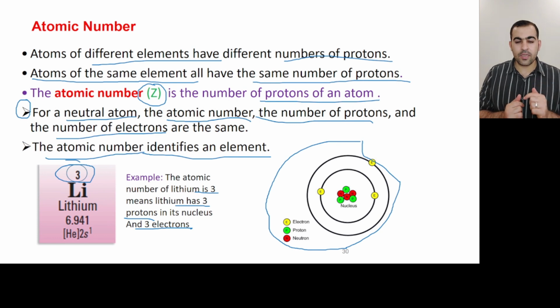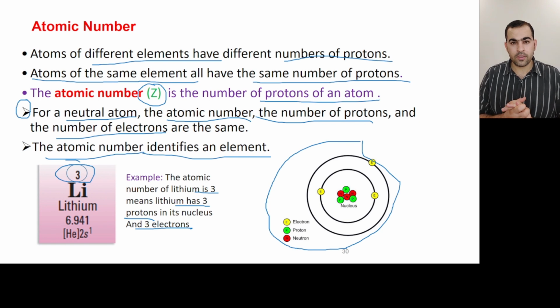So we can say atomic number identifies an element. All hydrogen atoms contain 1 proton. All helium atoms, they contain what? They contain 2 protons in their nucleus. So which element's atoms contain only 4 protons in their nucleus?